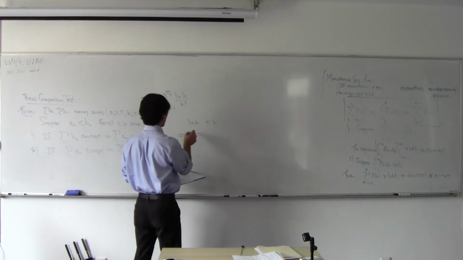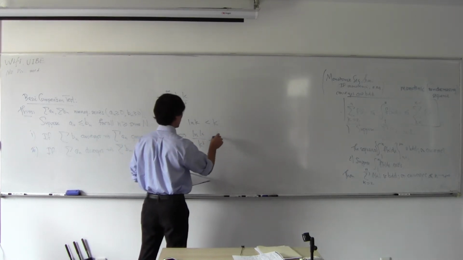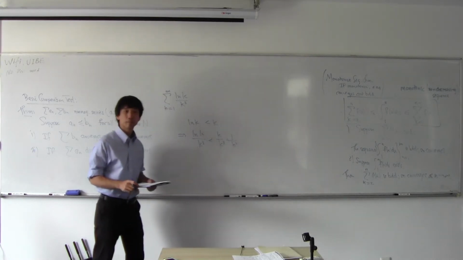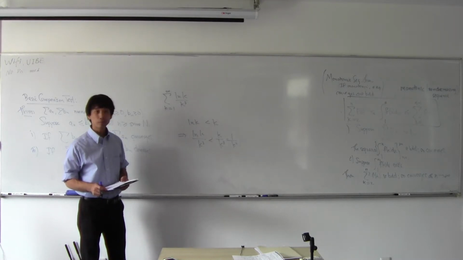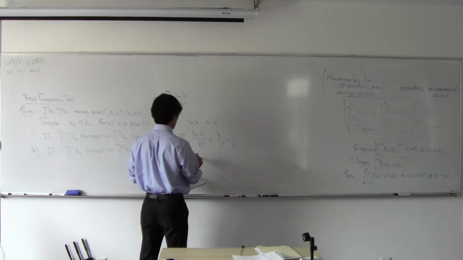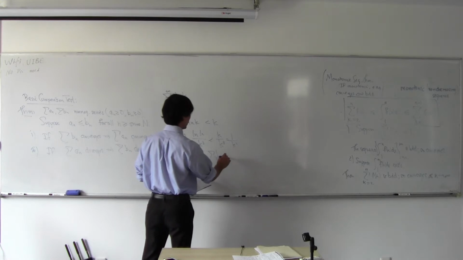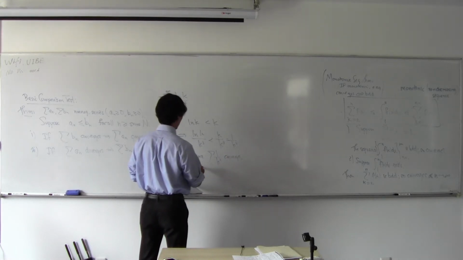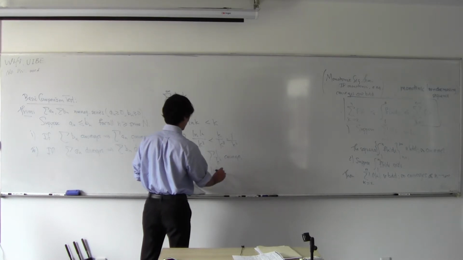So I know that natural log of k over k cubed is smaller than k over k cubed. And since summation 1 over k squared converges, we know that summation natural log k over k cubed converges.